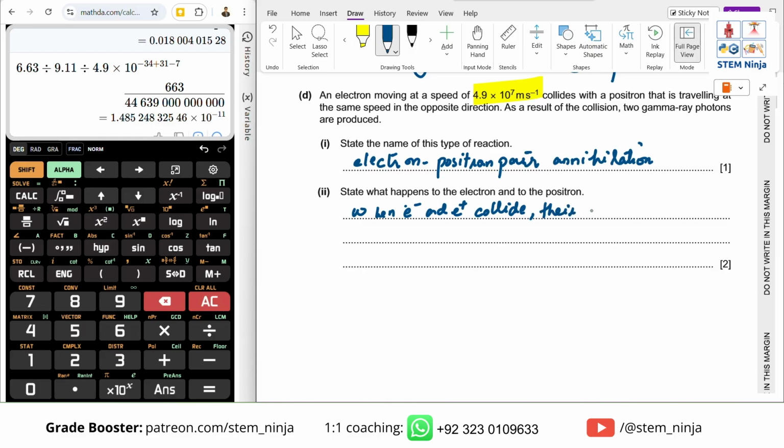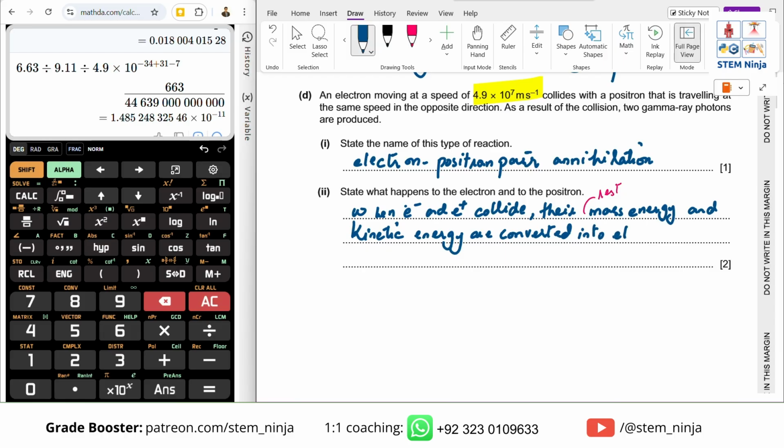their mass energy, actually we should call it rest mass energy, or simply even if you say mass, that is also fine, and kinetic energy are converted into electromagnetic energy in the form of gamma photons.